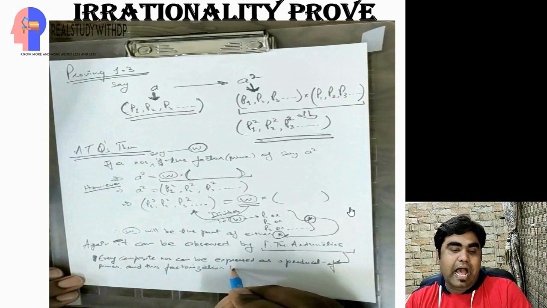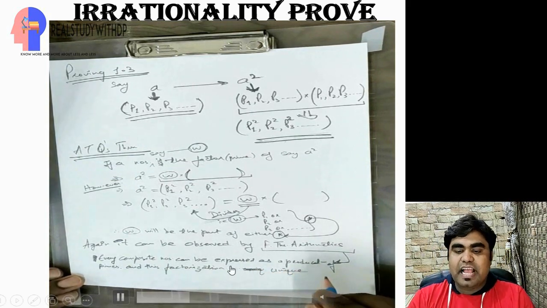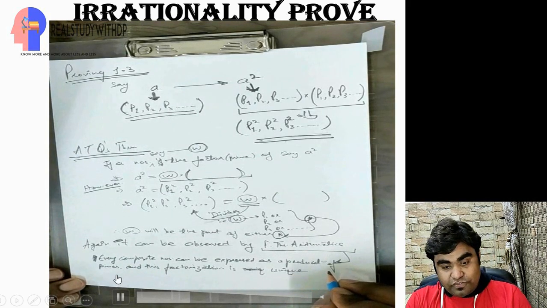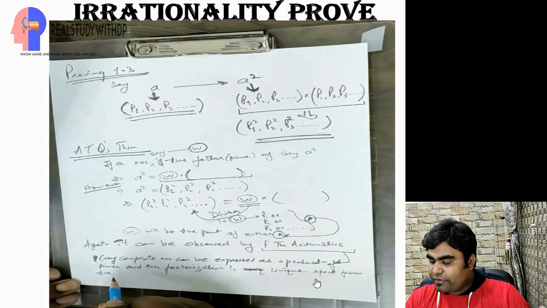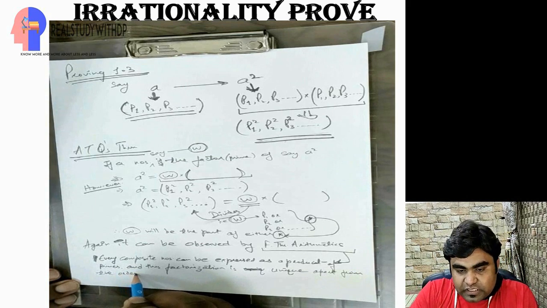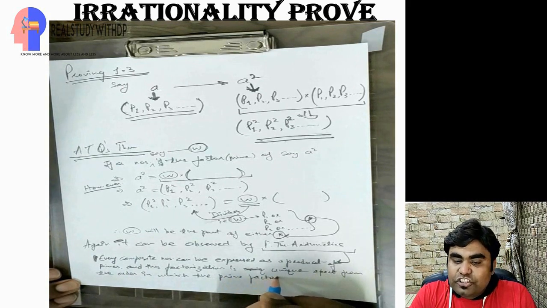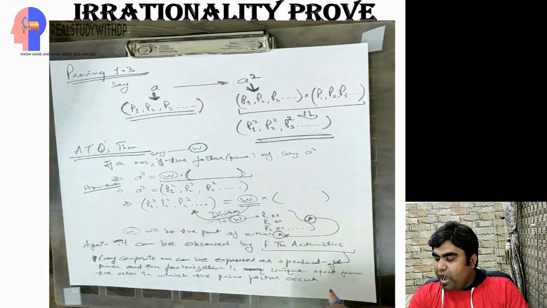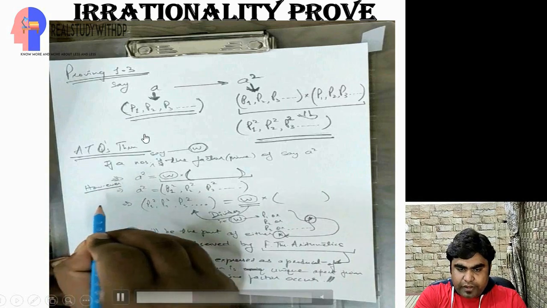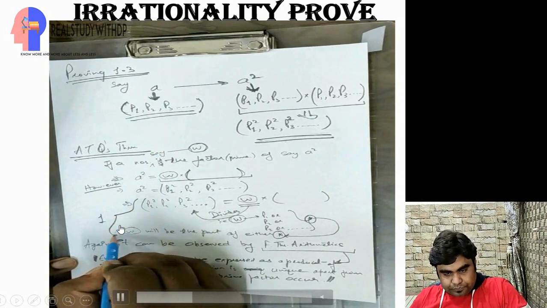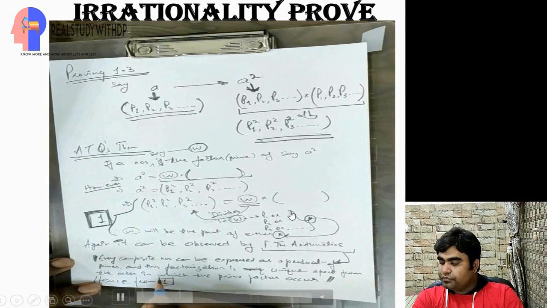Okay, it states that every composite number can be expressed as the product of primes, and this prime factorization that we are talking about is unique, apart from the order in which the prime factors occur. All right.